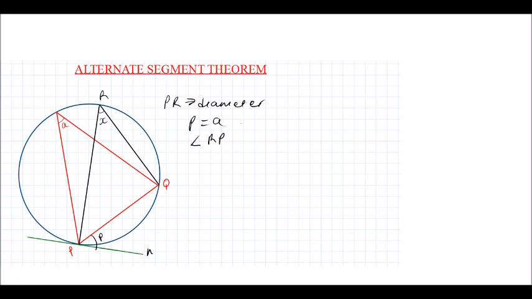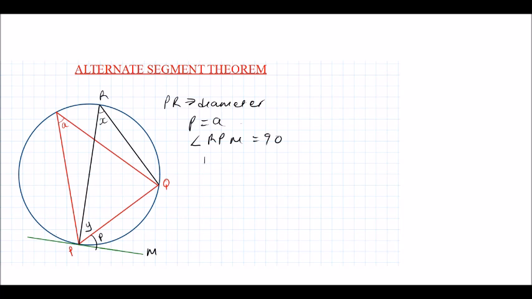But we have said that PR is the diameter. So this means that angle RPM is equal to 90 degrees. That's correct?